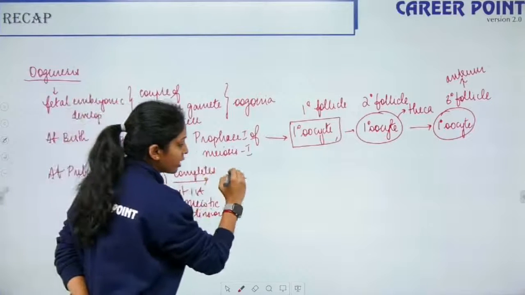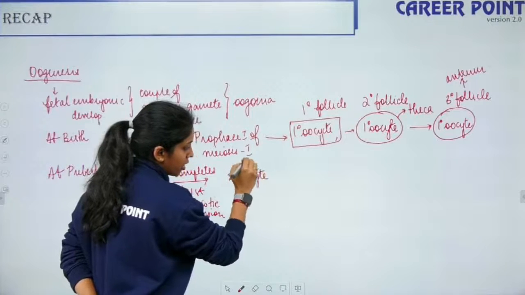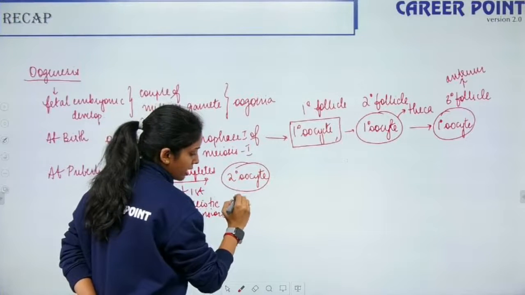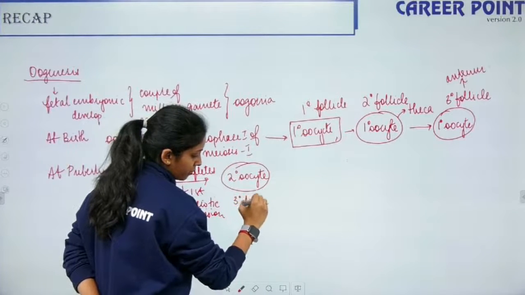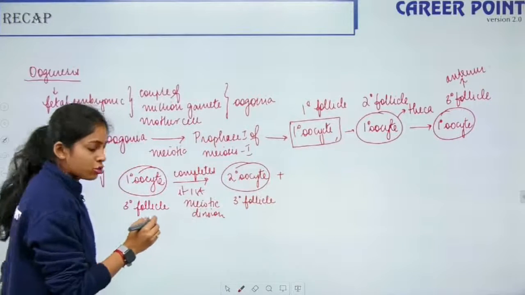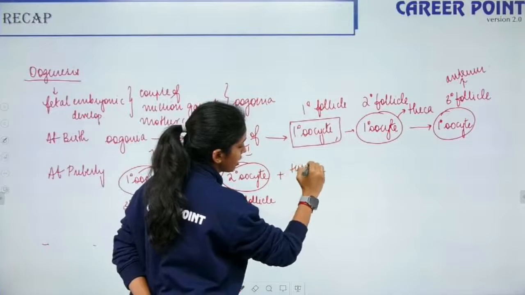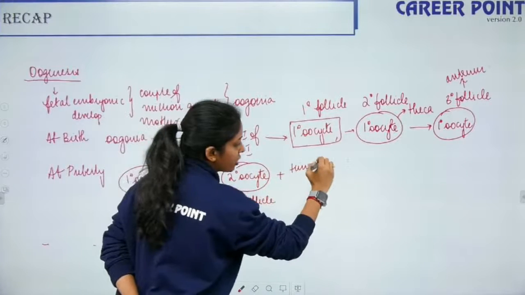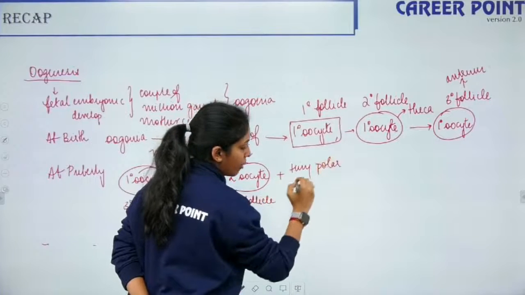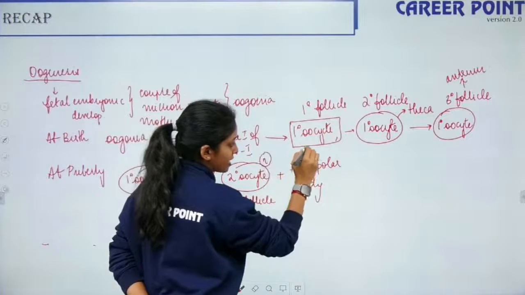When it completes, it forms the secondary oocyte surrounded by the tertiary follicle. At the end of the first meiotic division you have two cells: the secondary oocyte and the tiny polar body. So two haploid cells are produced.